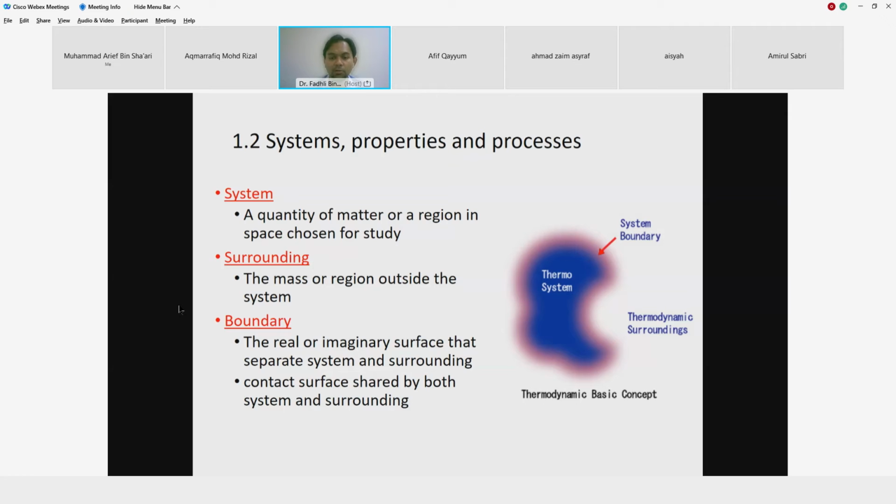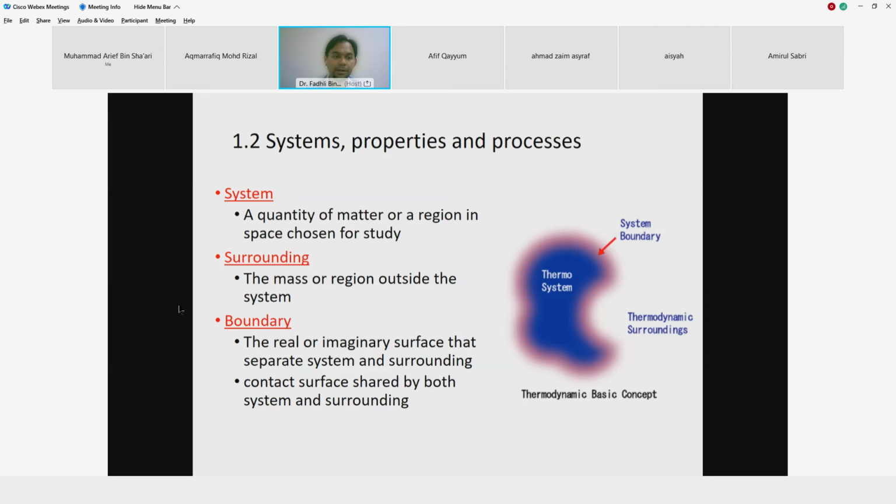So anything outside the system is called surrounding. Number three, boundary, the real or imaginary surface that separates system and surrounding. So in between system and surrounding, the pink line is the boundary.